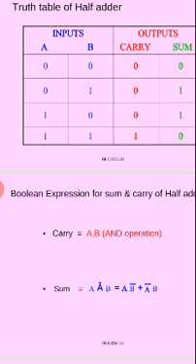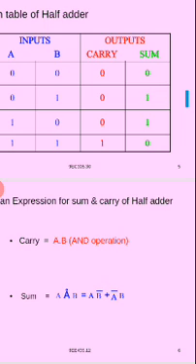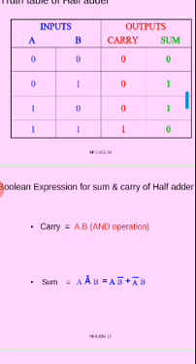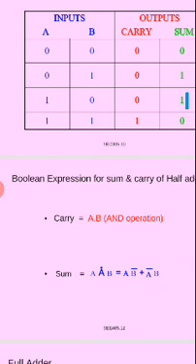Boolean expression for sum and carry of half adder. Carry equal to AB.